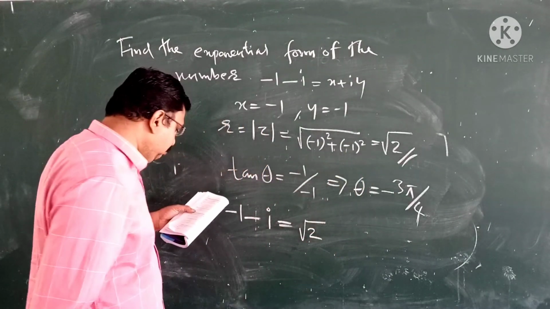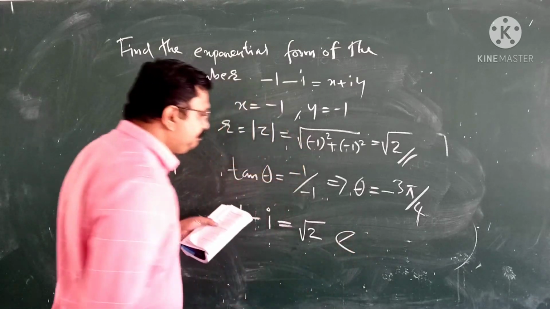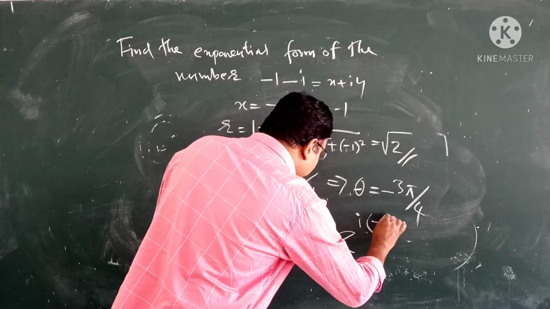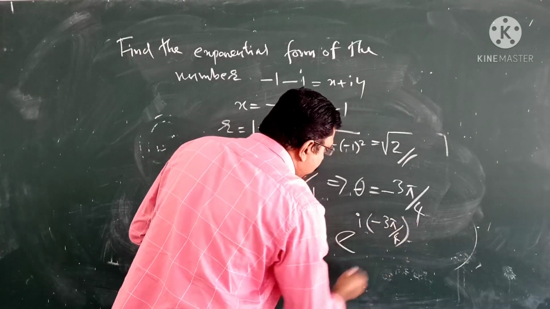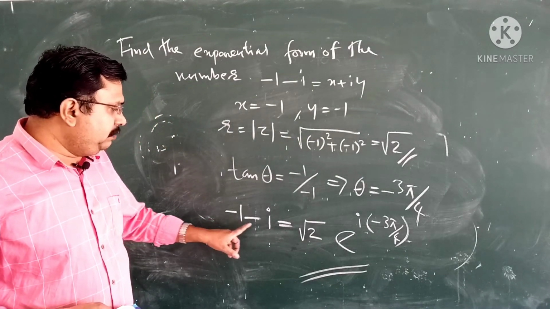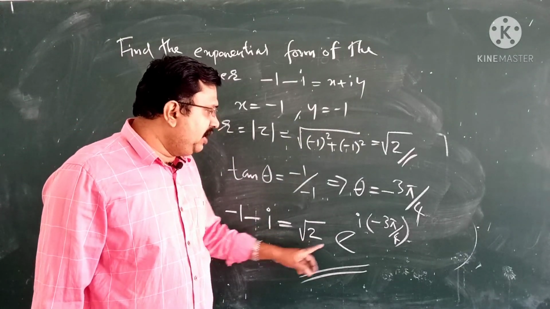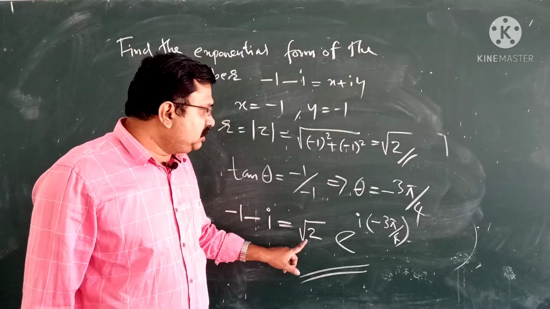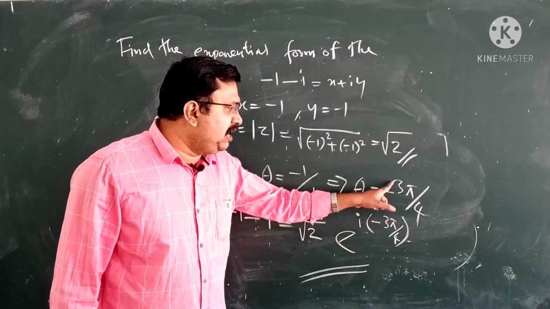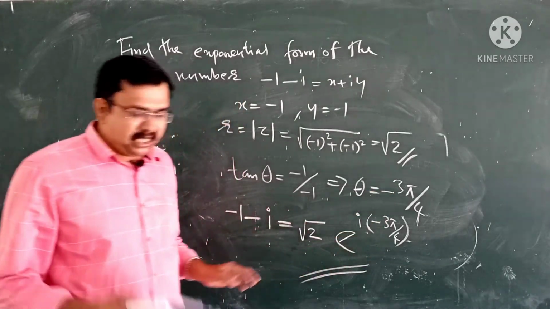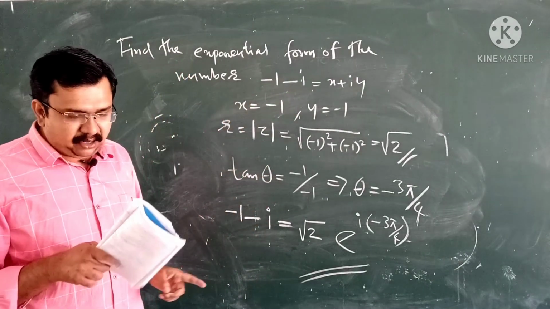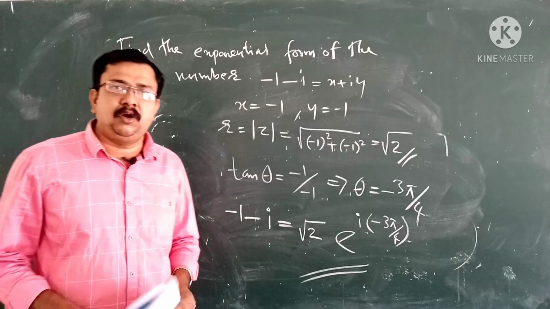Root 2 into e raised to I into -3π/4. Okay, this is our exponential form. Remember that -1 minus I is equal to r into e raised to I theta. R is root 2. Root 2 into e raised to I into theta, that is -3π/4. This is the exponential form of the number -1 minus I. Okay, please write down on your notebook.